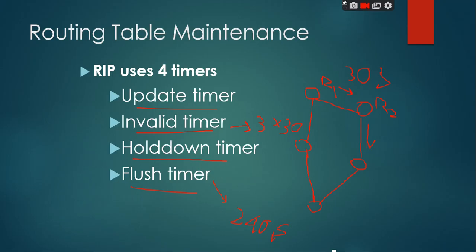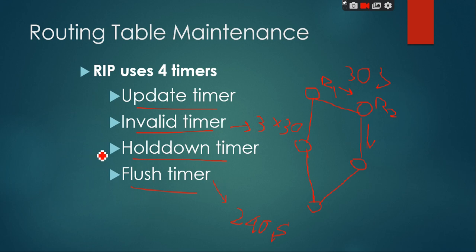So after 240 seconds, R2 will remove the entry of R1 from the routing table. It will remove R1 as a working one and inform the other neighbors, saying that R1 is completely down, there's nothing called R1 anymore, remove it from your routing table. So this is what is known as the flush time.